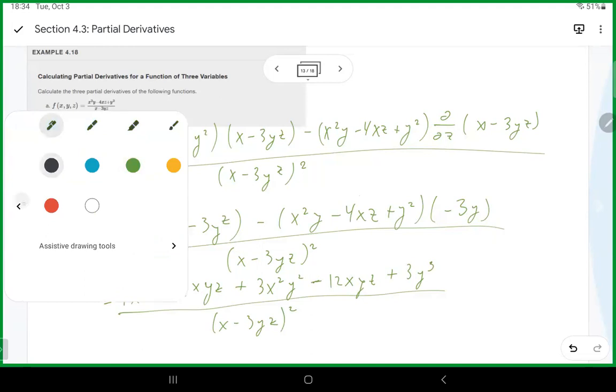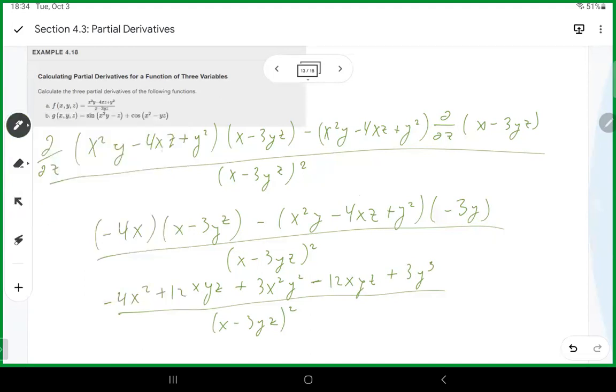Okay. And we get rid of anything at 12. That's it.